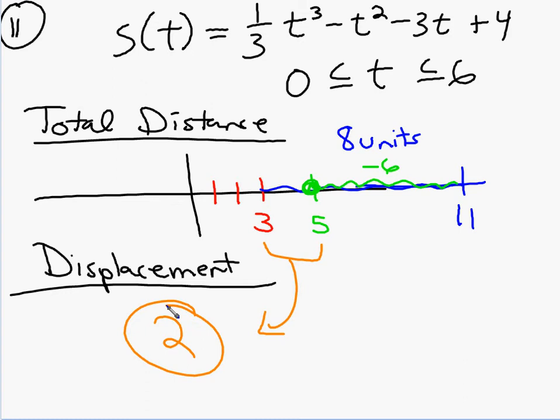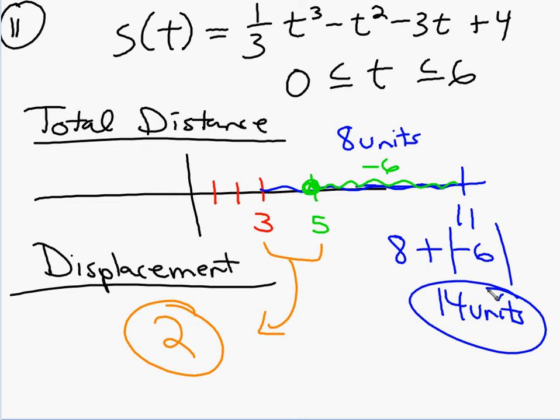So in other words, we have to consider sign when we look at displacement. But when we look at total distance traveled, then we have to think absolute value. This particle went 8 units to the right, and then it went 6 units back to the left, but we think of that as an absolute value. The particle traveled 14 units. That's what the total distance was.